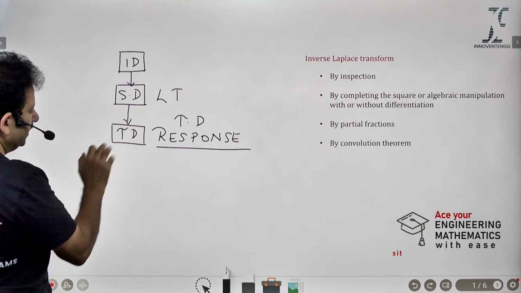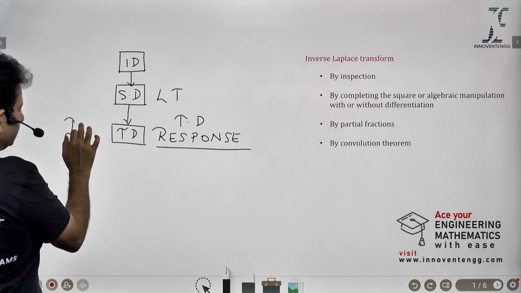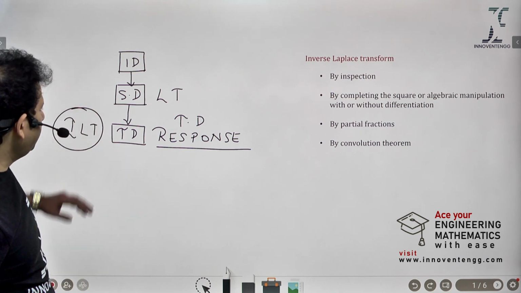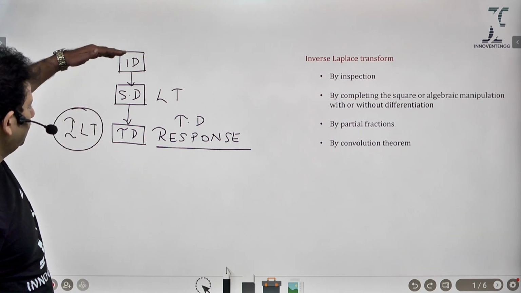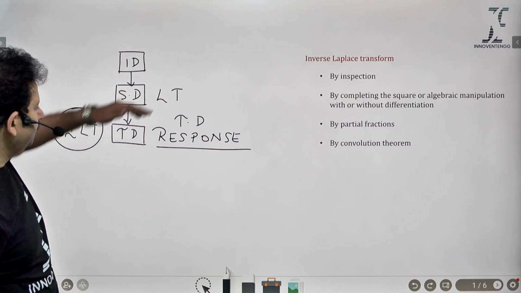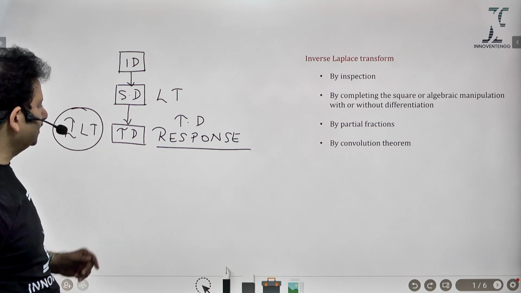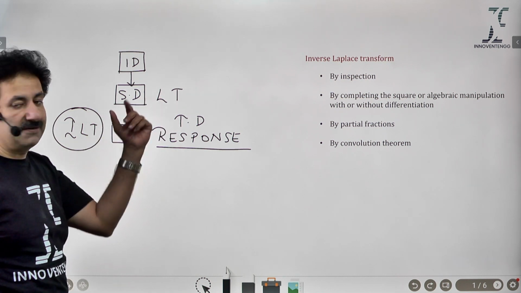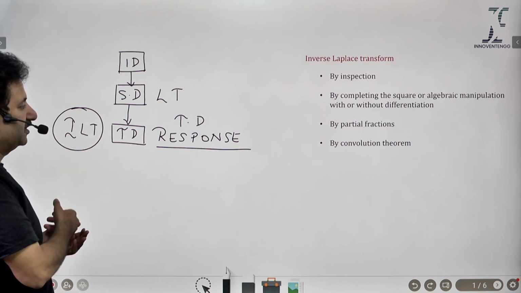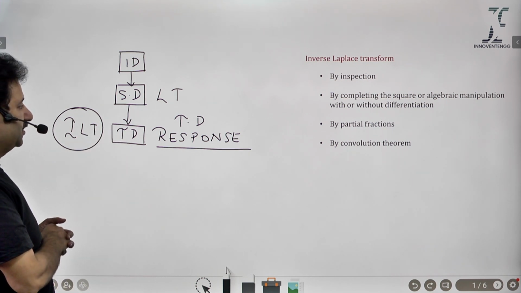And how do you do it? This is done using inverse Laplace transform. So this is very, very logical. So you understand how to convert the differential equation into Laplace transform, that is the S domain. And in order to do that, we have spent quite amount of learning, including periodic functions, unit step functions, all that.